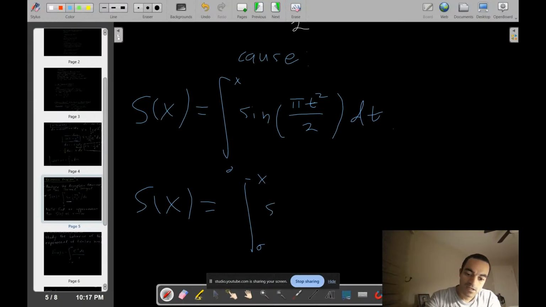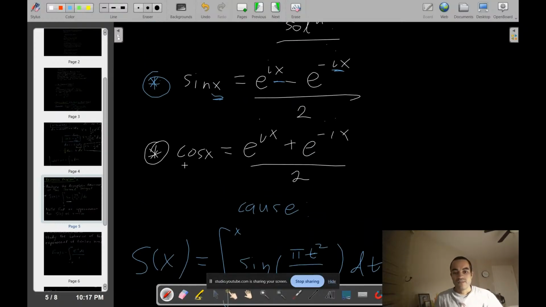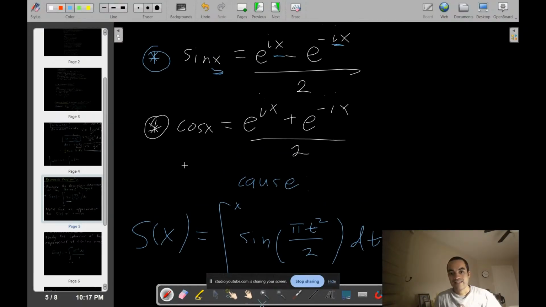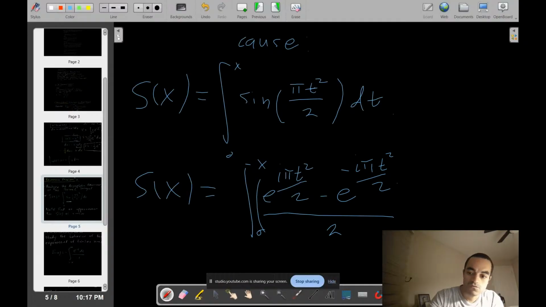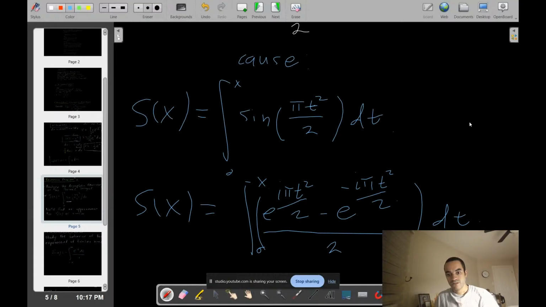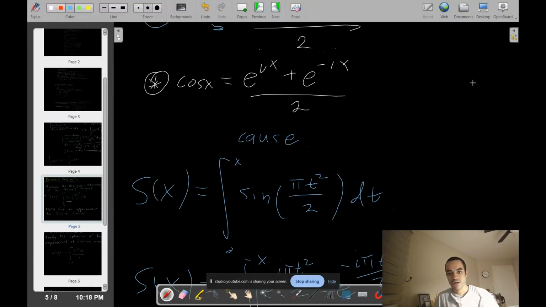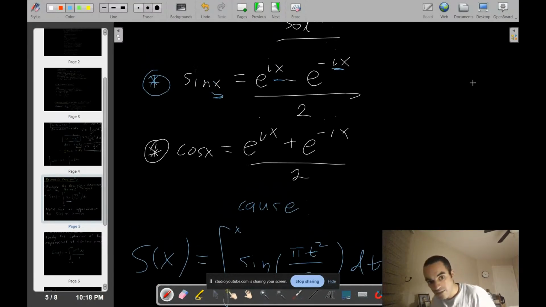So this becomes sine of pi t squared over 2, which is e to the i pi t squared over 2 minus e to the negative i pi t squared over 2, all divided by 2, with respect to t. Any questions? That was for sine. We're only using the sine complex exponential, the first one.